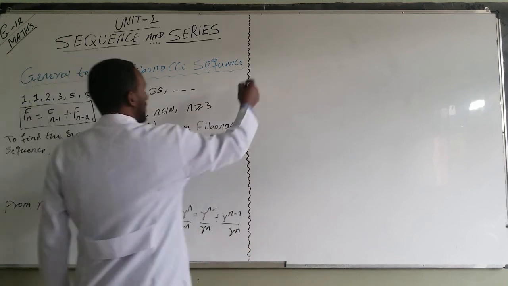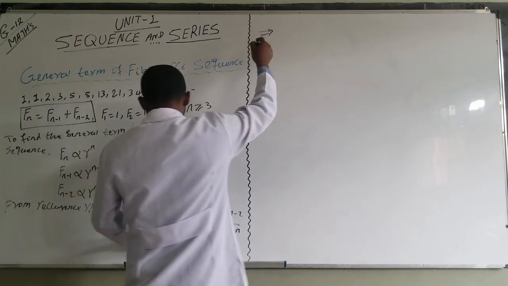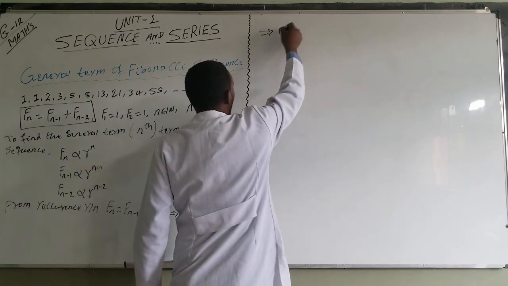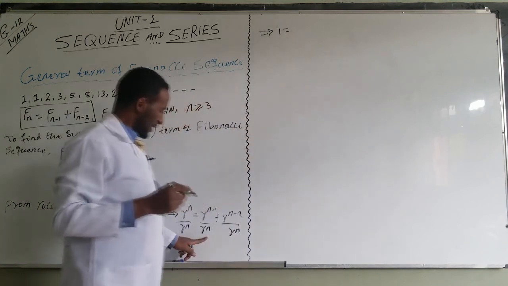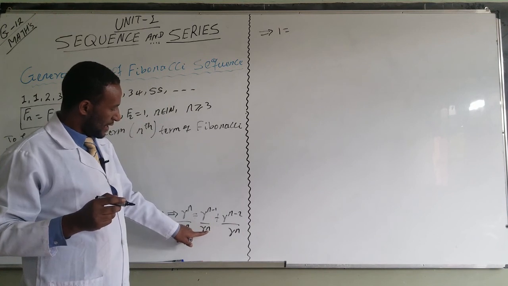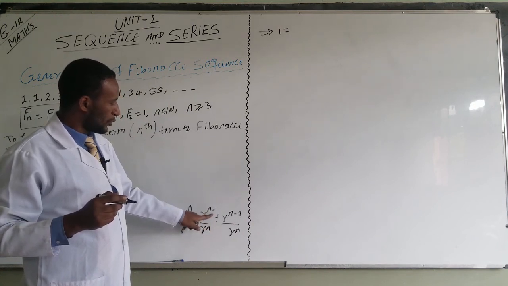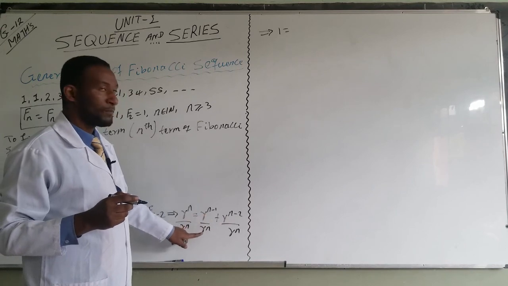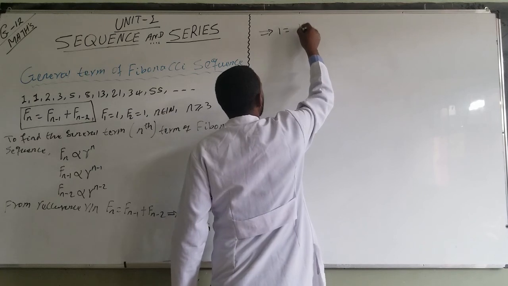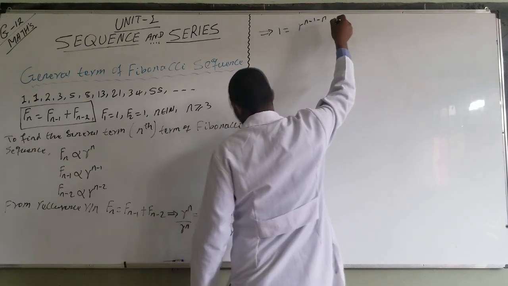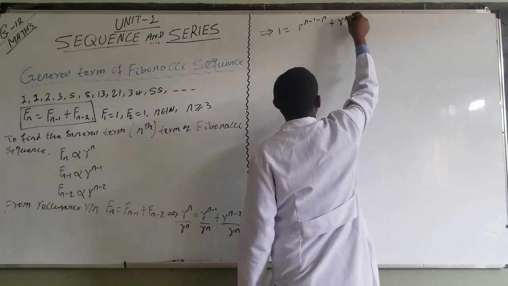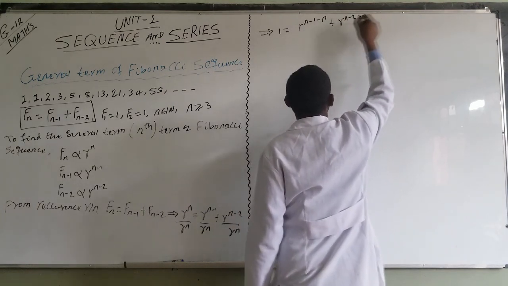Then this becomes r to the power of n over r to the power of n is equal to 1, which is equal to, since they have the same base, r to the power of n minus 1 minus n plus r to the power of n minus 2 minus n.